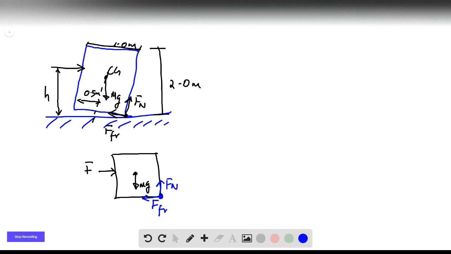Remember, action and reaction forces are equal and opposite. The entire distance, this height, is h. This entire height is 2 meters. This one is 1 meter. And then halfway through is 0.5 meters, just for clarity.